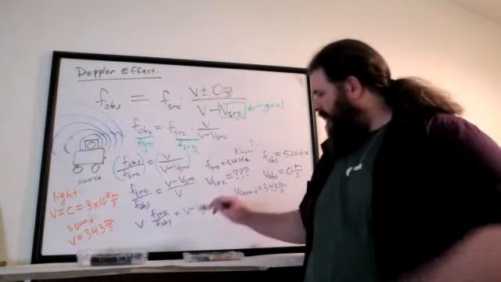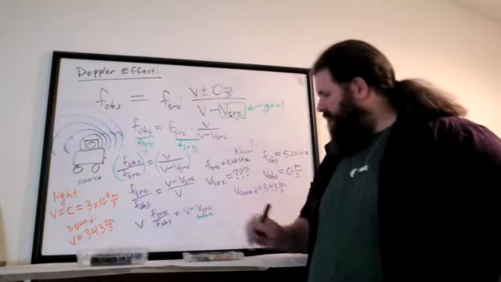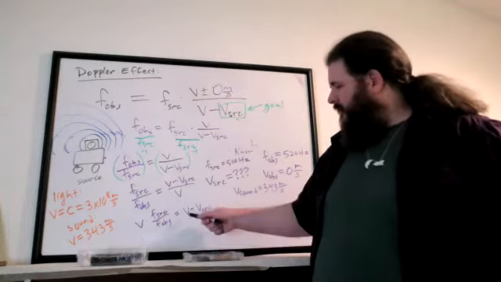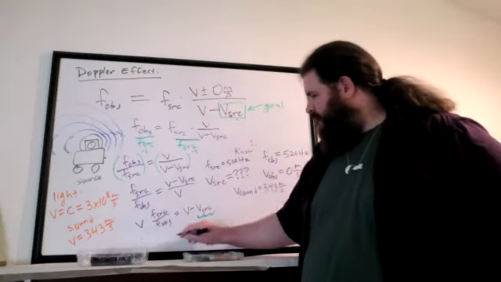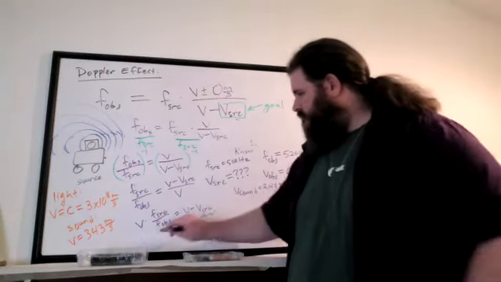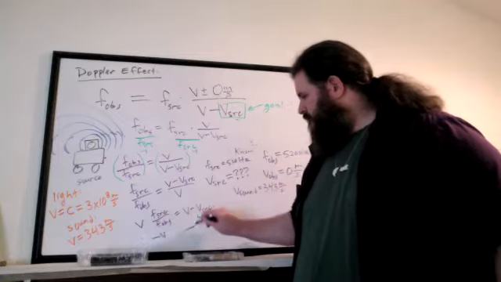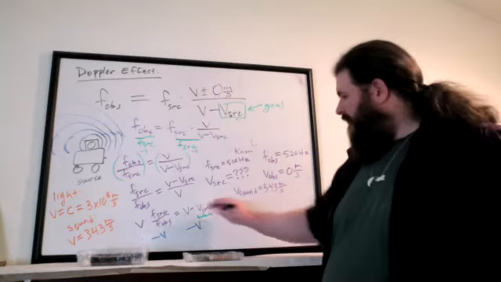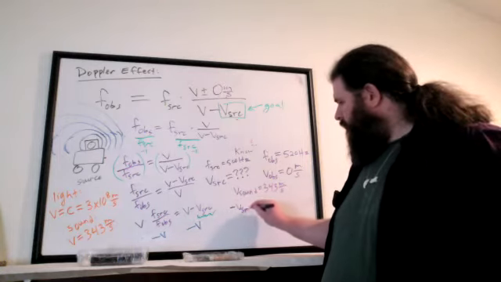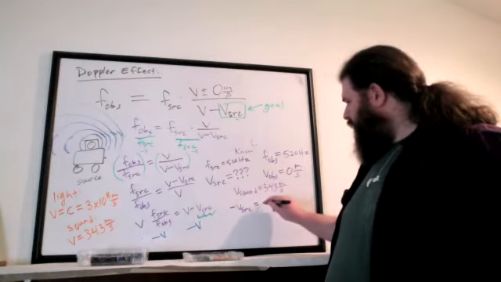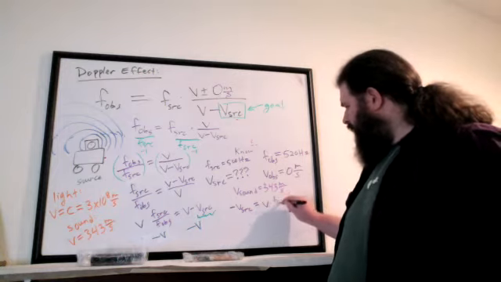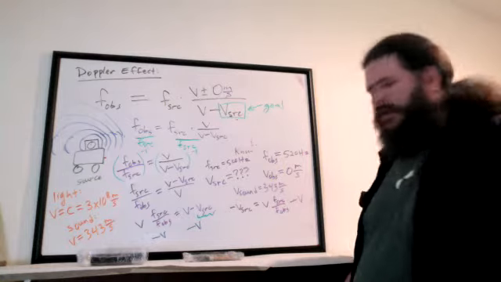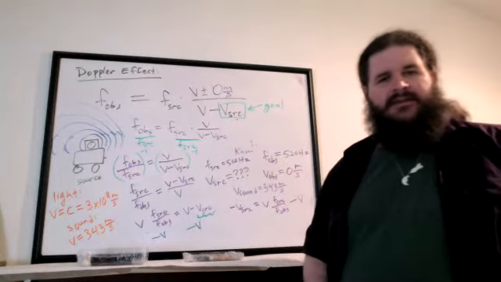Again, trying to isolate this part. We would subtract V. Yeah, if we subtract V from both sides, so that gives us negative V source equals V times this ratio of frequencies minus V. And then what's the last thing we need to do there?